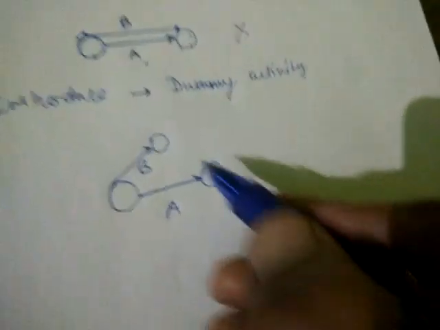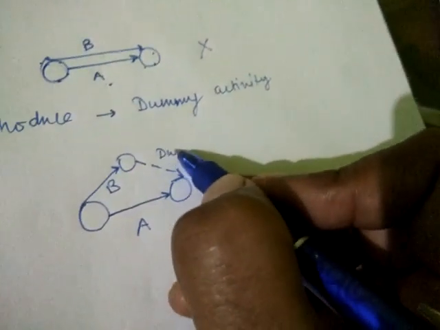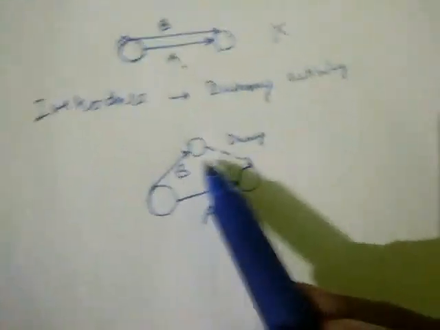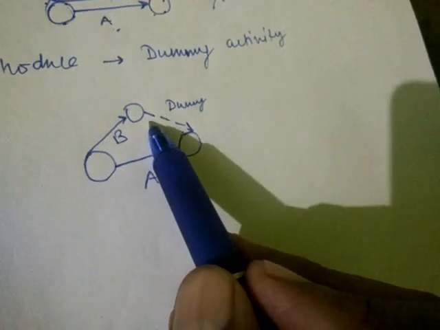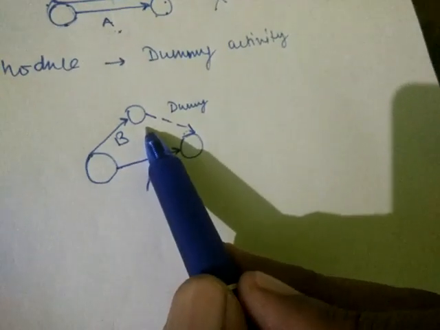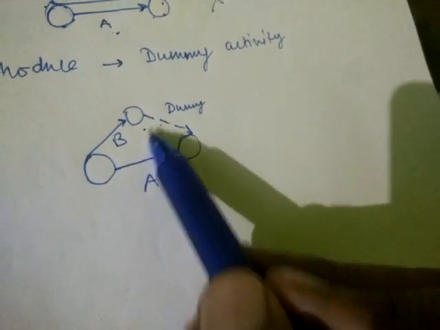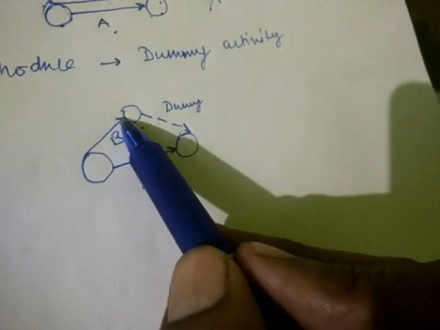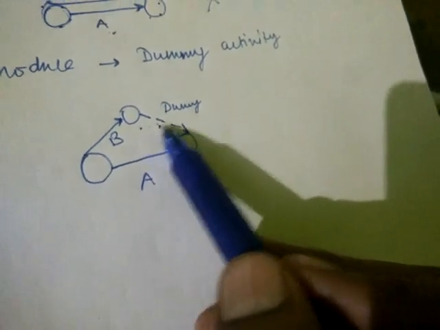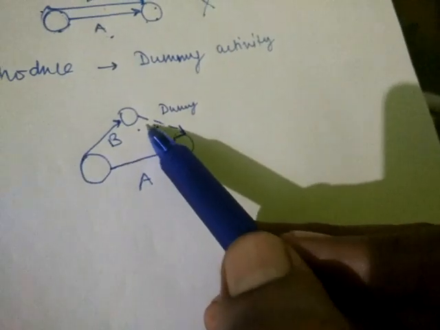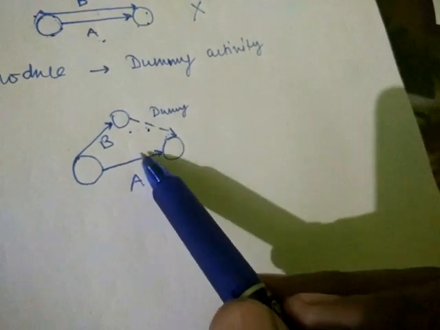Now it is B, and from here this is a dummy activity. A dummy activity is shown by a broken arrow, you can say a dotted arrow, and it takes zero duration. Since it takes zero duration, as we will see in future calculations, it does not disturb them; it only helps you make your diagram clear.